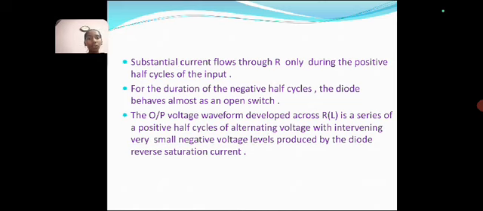For the duration of the negative half cycles, the diode behaves almost as an open switch. The output voltage waveform developed across RL, that is the load resistor, is a series of positive half cycles of alternating voltage with the intervening very small negative voltage level produced by the diode reverse saturation current.